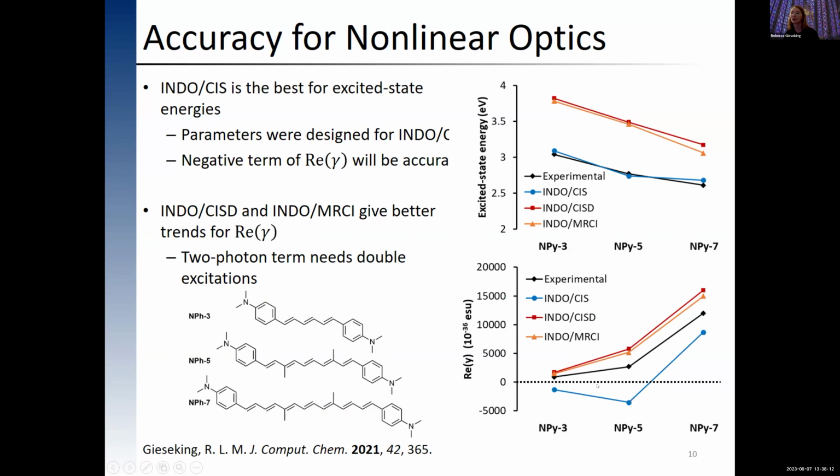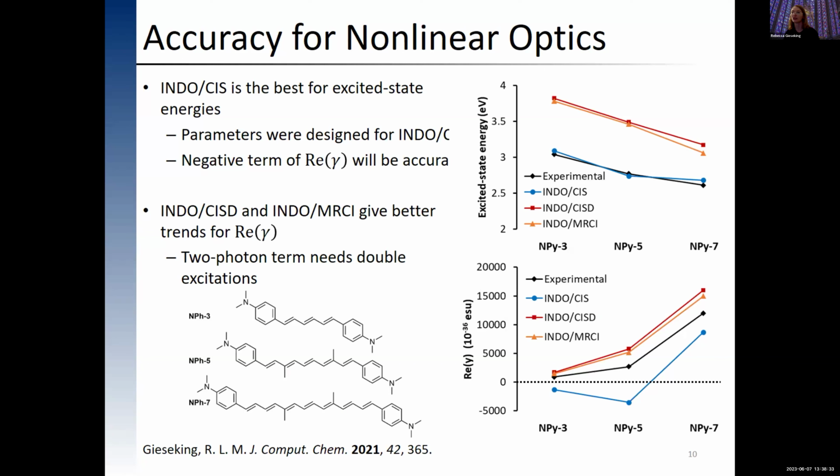And so I have a series of molecules for this. So these are, again, these linear conjugated type molecules. And if we look at just the excited state energies, INDO-CIS works better than the methods that incorporate higher order excitations than singles.